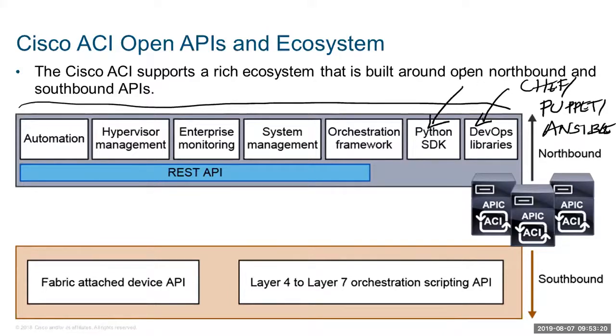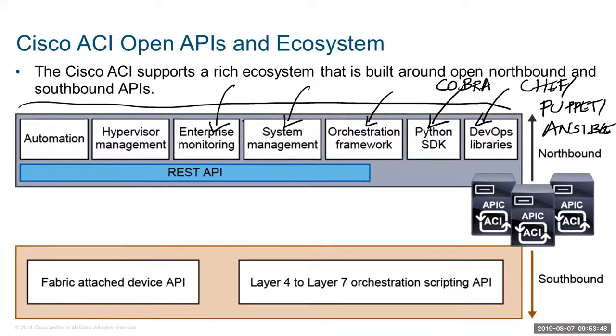There's a Python SDK, software development kit, called Cobra. Cisco's got an orchestration framework product called Cisco Cloud something. VMware has an orchestration product, vRealize. There's a system management product from HP.